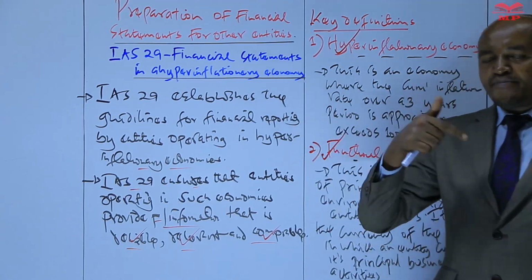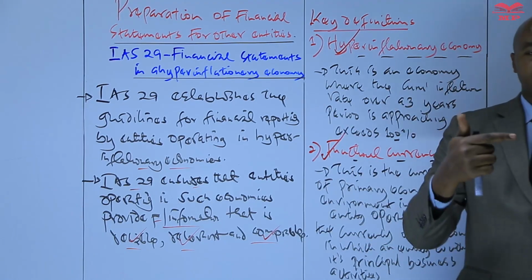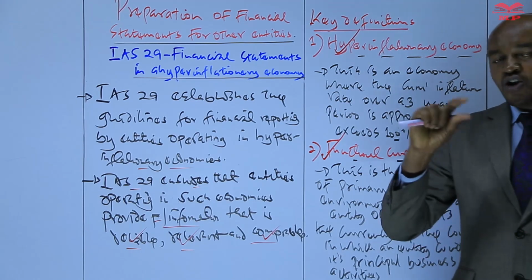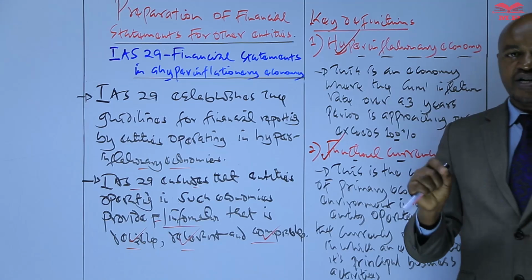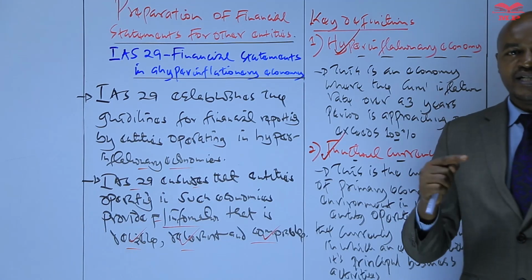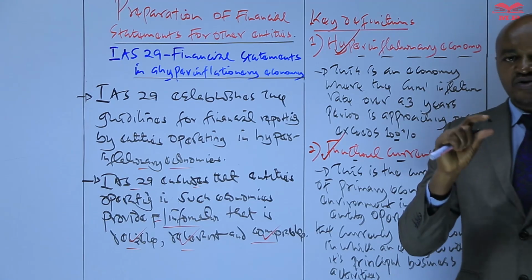If, for example, a company had acquired an asset maybe 2 years ago, and the cost of that asset was 2 million, due to the high inflation rate, automatically the cost of that particular asset cannot be 2 million.